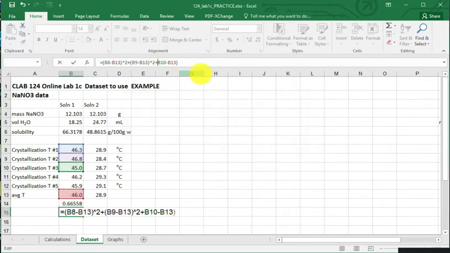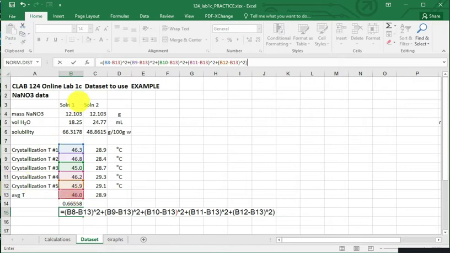Let's see. So I had to come up here to be able to keep going. Squared plus this minus this squared plus this, whoops, again, parentheses, this minus this squared.